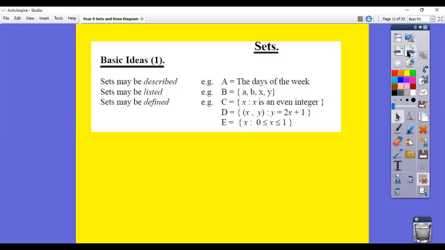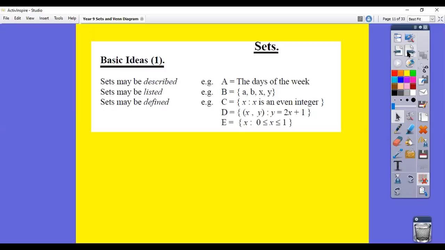So going back to the basic ideas with sets. Sets may be described, for example, the days of the week. Sets may be listed, for example, set B has the elements a, b, x, y. And sets can be defined, for example, set C is {x : x is an even integer}.